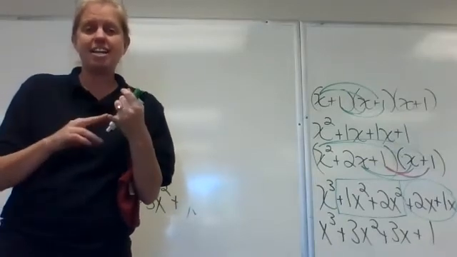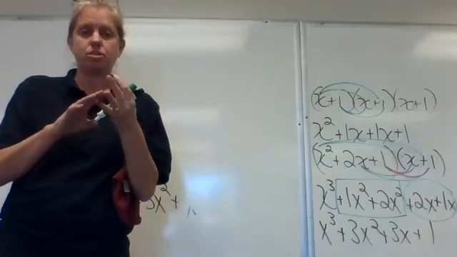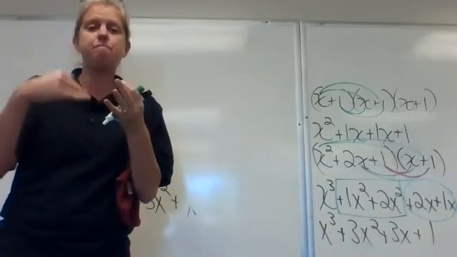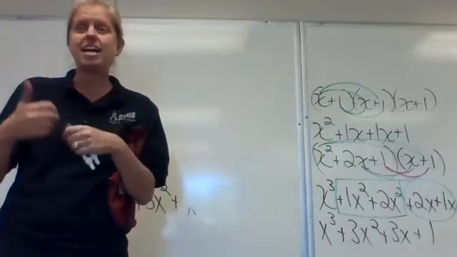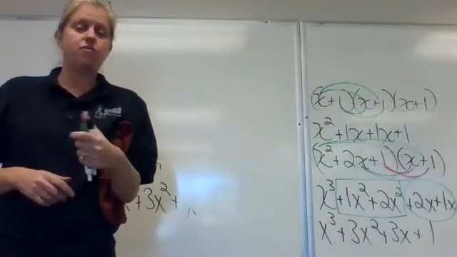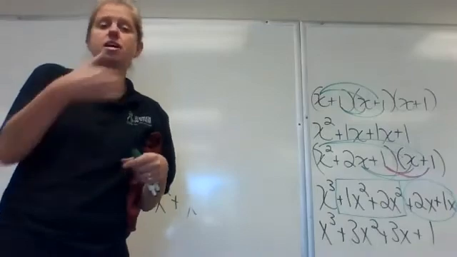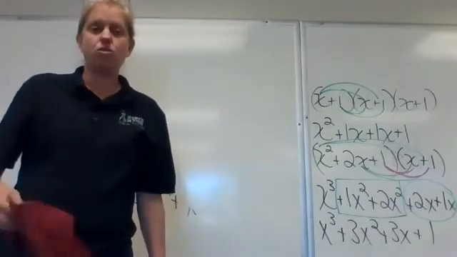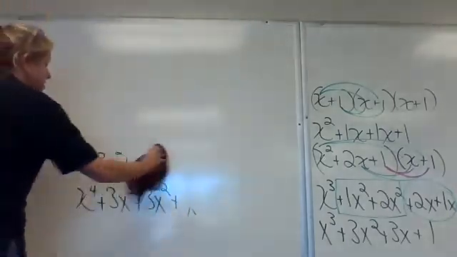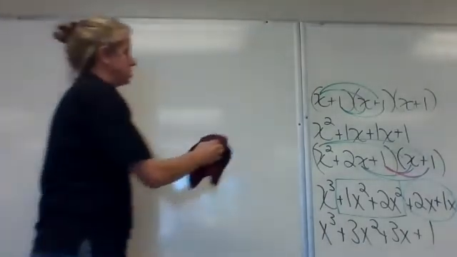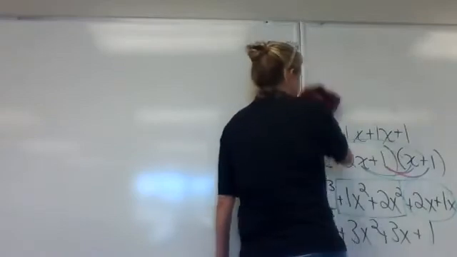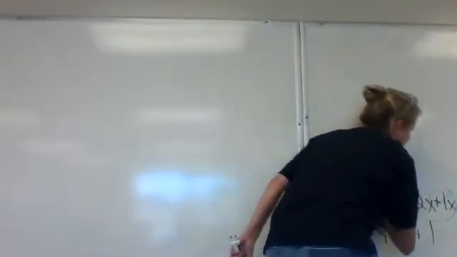Anytime you have an i or a square root, you're going to have both of them. They're going to be a pair. So if you have i, then you also have negative i. Or if you have the square root of 2, then you also have negative square root of 2 as a 0. That's all it's asking you to do on these next few problems, is to find the missing 0.